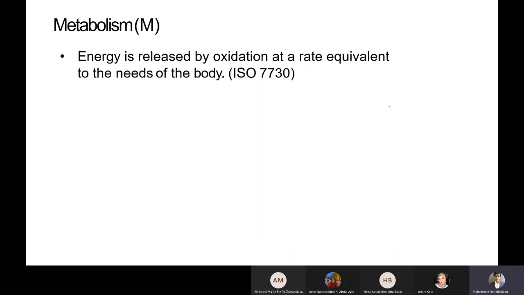So let's look into the metabolism. Metabolism is basically God's blessing. We produce metabolism according to the need. When we rest, we produce less. When we exercise, we produce more.